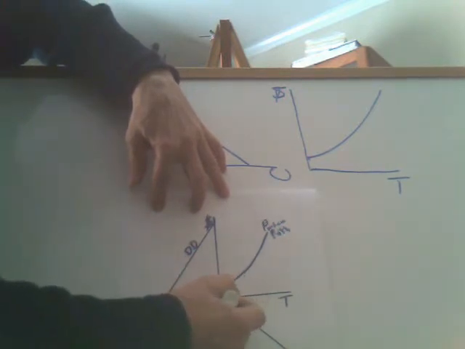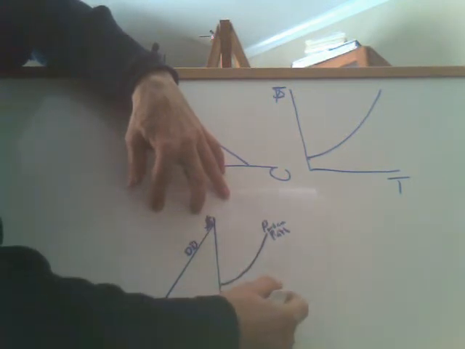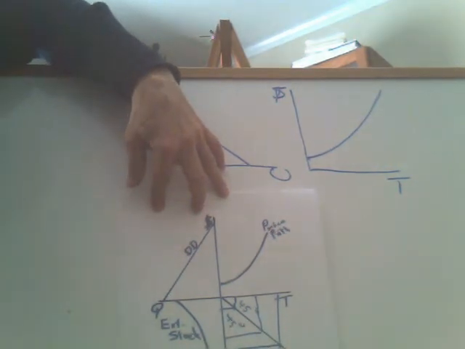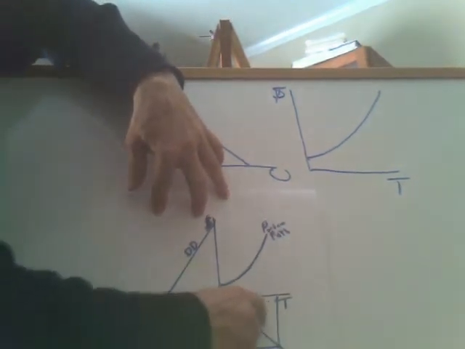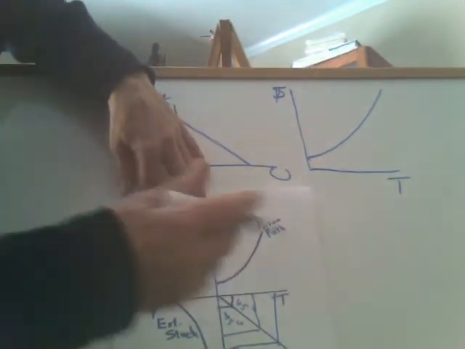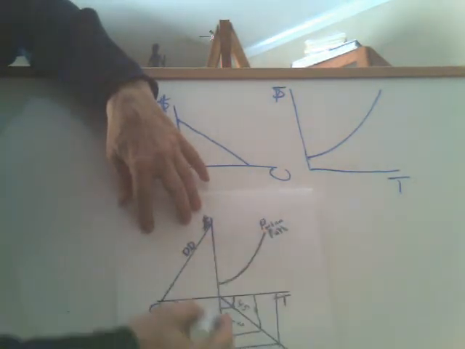So any reading over here is the same as this, and this is this. Because a 45-degree line, by definition, is the line that's going to bisect this particular sector. Now, all we have to do is take different readings.